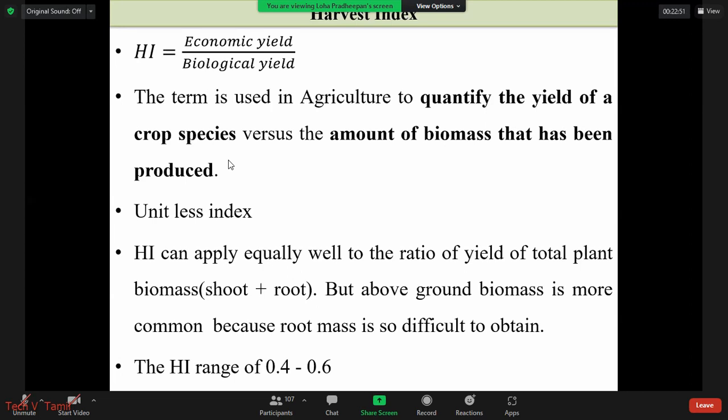Then we moved to each and every index we can measure in plant growth analysis: crop growth rate, absolute growth rate, relative growth rate, net assimilation rate, leaf area index, leaf weight ratio, specific leaf area ratio, specific leaf weight, leaf area duration, and harvest index.